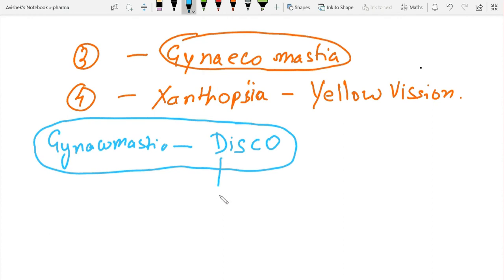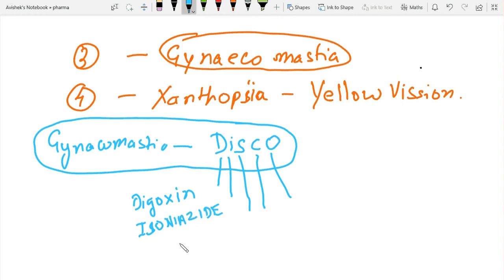These are digoxin, isoniazid, spironolactone, cimetidine, and estrogen.